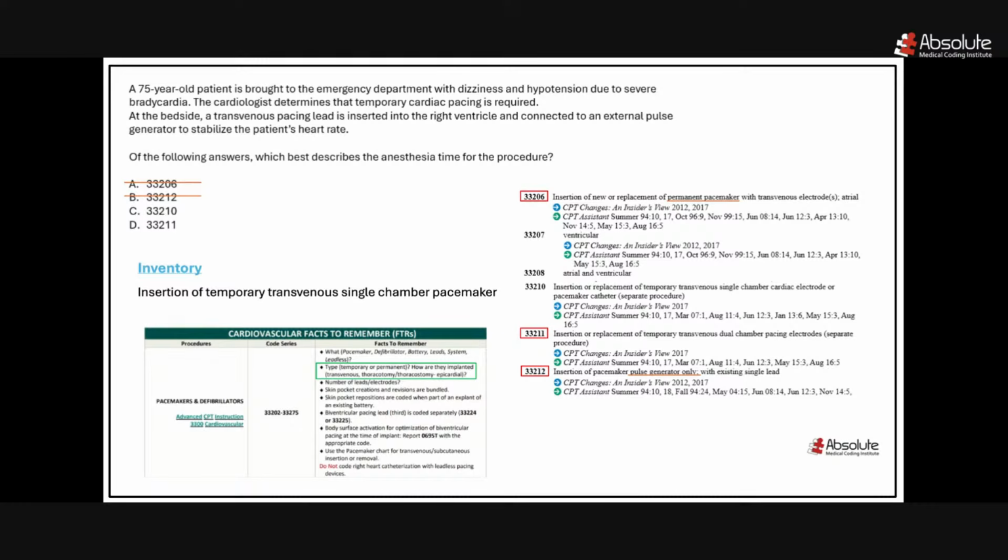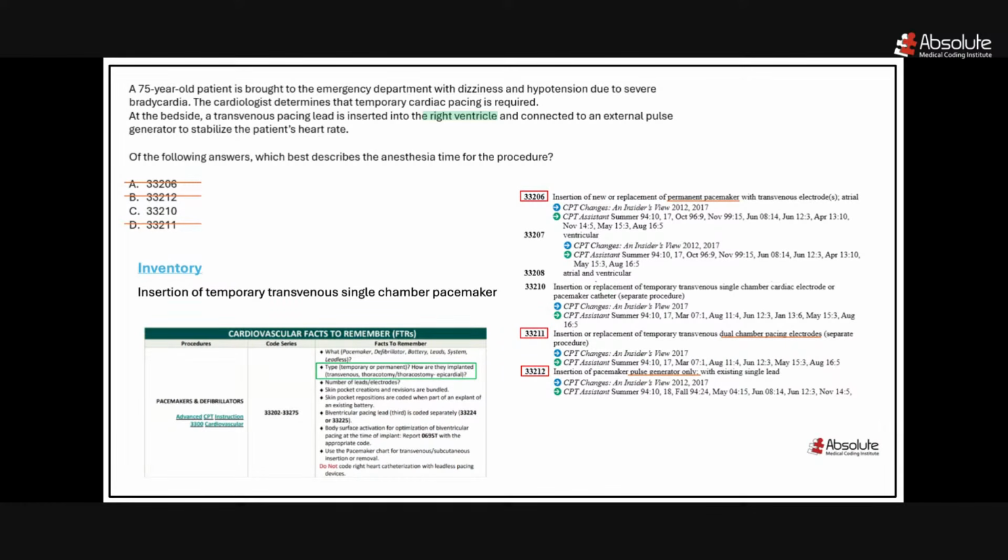So the main difference between these two codes is that option C is coding for a single chamber and option D is coding for a dual chamber.